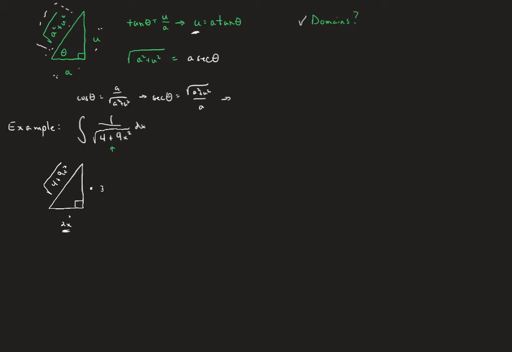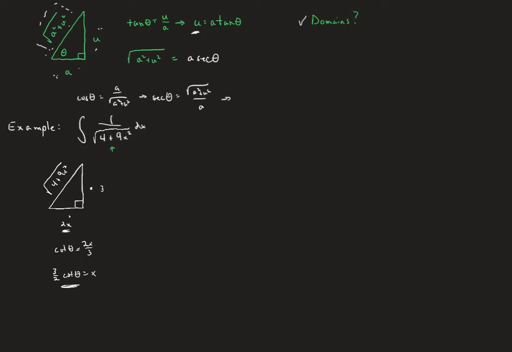So we would say x over 3, to get that 2x over 3, that would be adjacent over opposite. That would be a cotangent of theta. And that would allow us to say that 3 halves cotangent theta is equal to x. That would be our substitution.